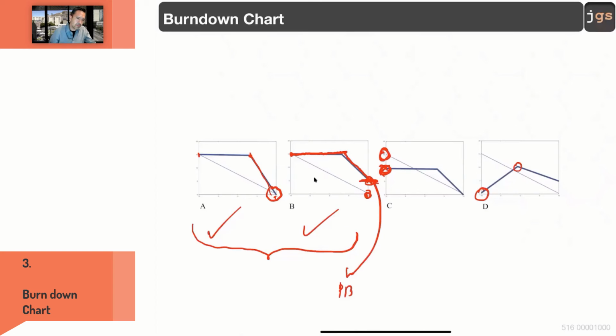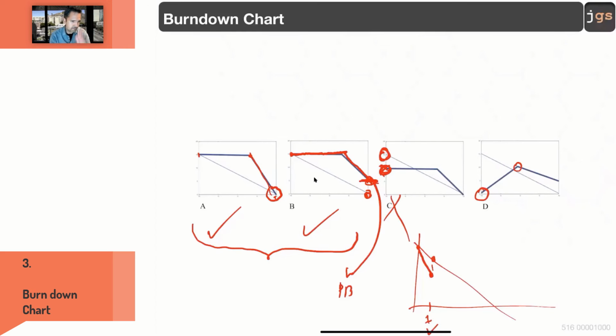This is not going to happen. What is going to happen maybe is you start here, and the next day you are down. The next day you have this difference. That is all the things that you complete in day one. This is possible, but this is not a burndown chart. Something is not okay there.